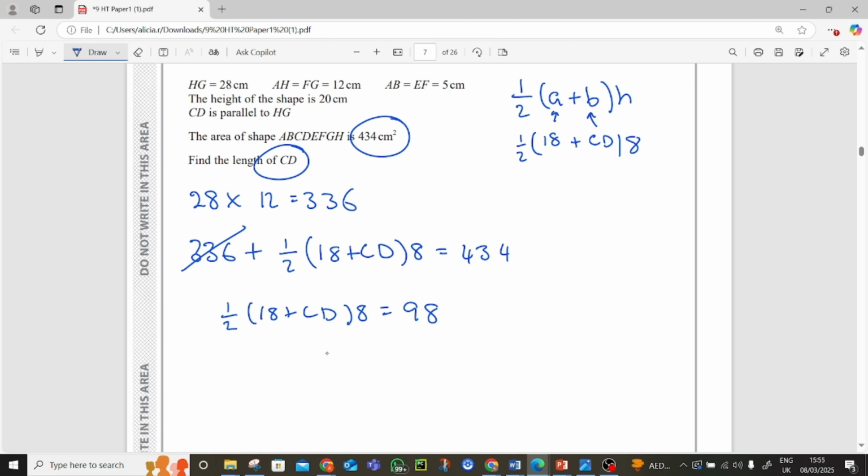And now we need to do some algebra here. So what we are going to do is take 98 and divide by 8, and I get 12.25.